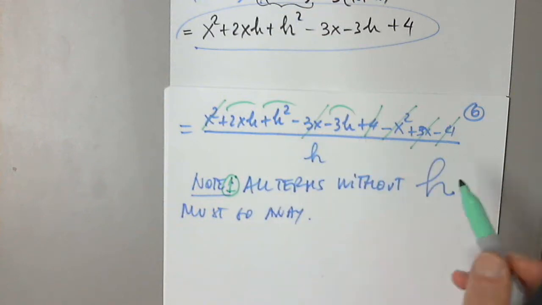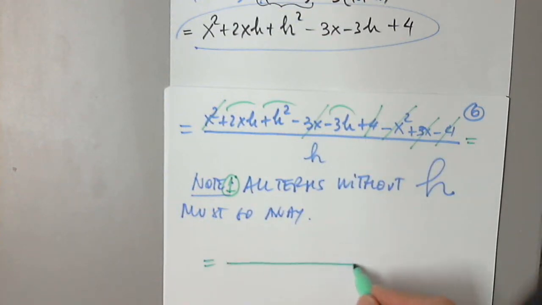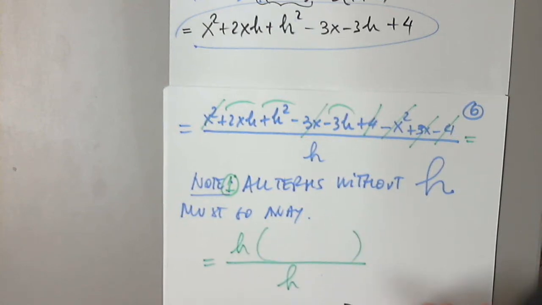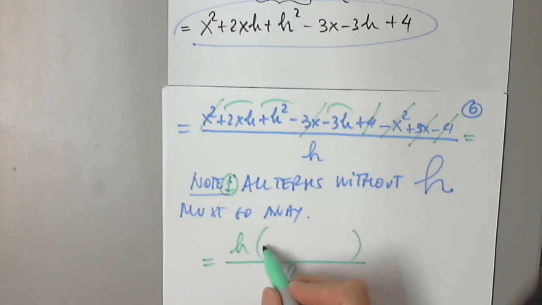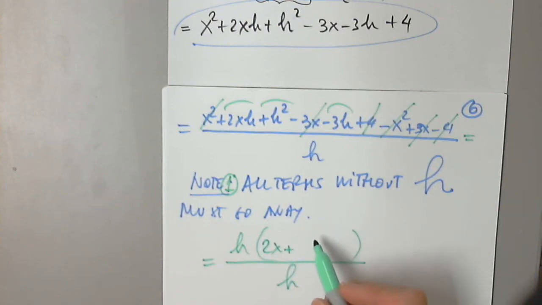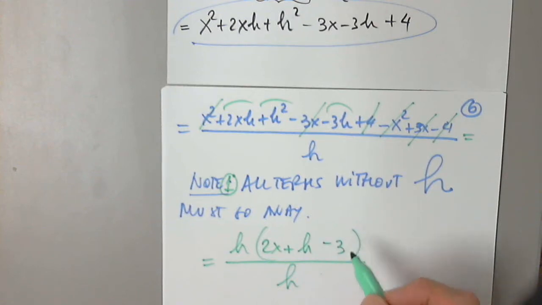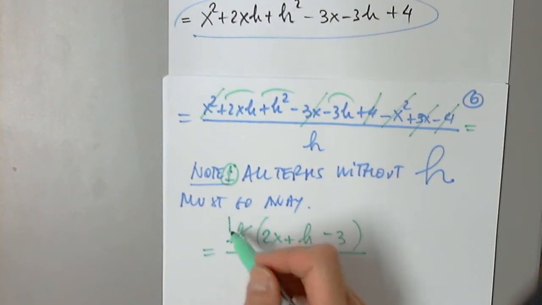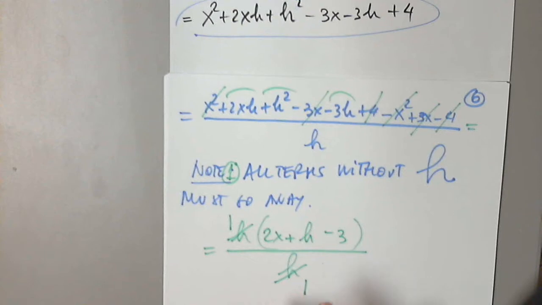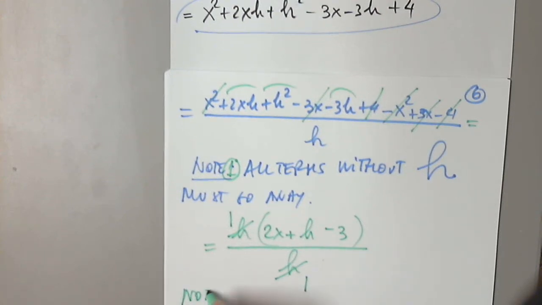So all these 3 terms have a common factor. Can anyone tell us what? H. What is left in parentheses? 2x plus h minus 3. So here's what I do next, and this is our second note. What is our second note all about?